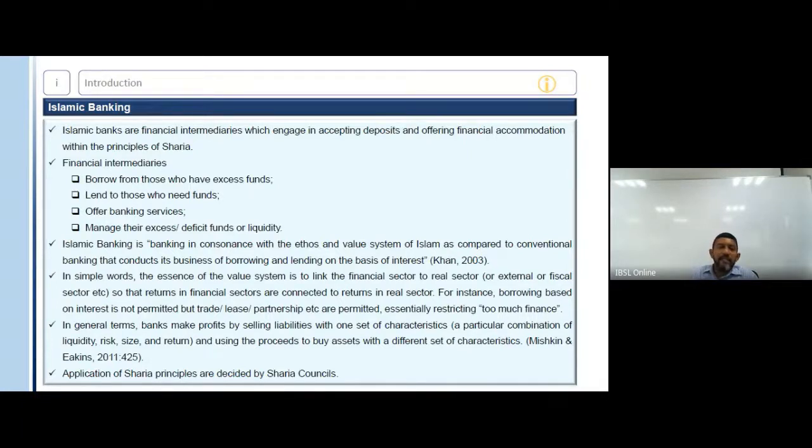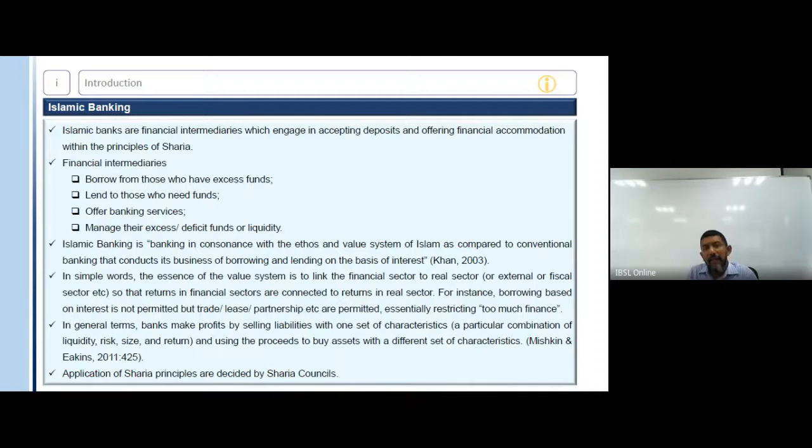So that's the underlying philosophy of Islamic finance: link the financial aspect of a transaction to real sector transactions. If that link is severed, if that link is broken, it could lead to difficult consequences, which are not easy to address.